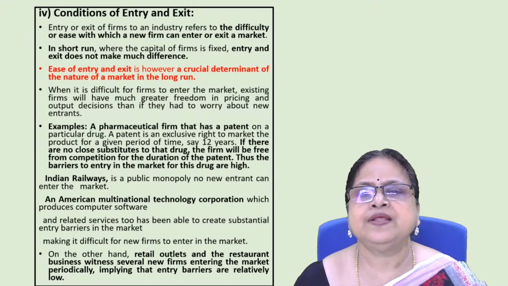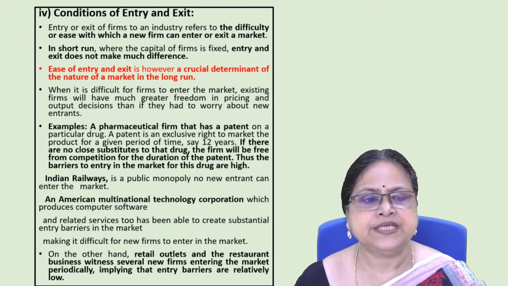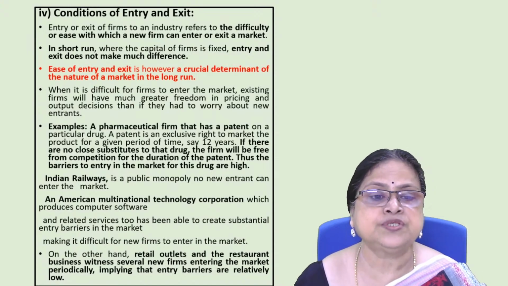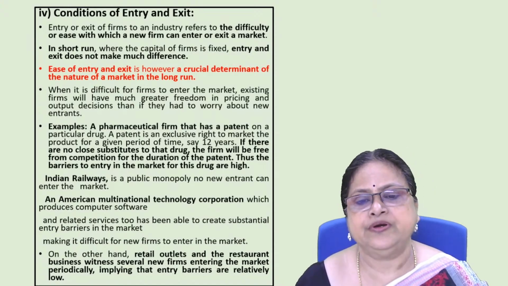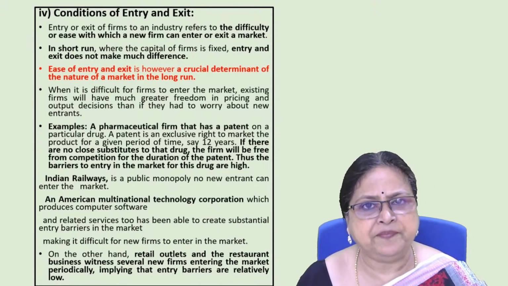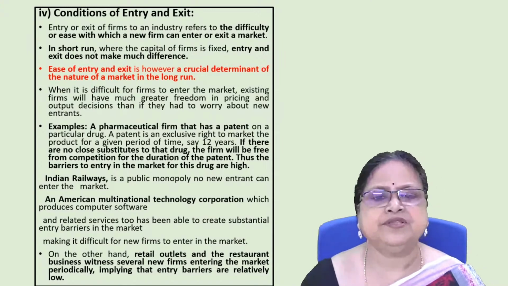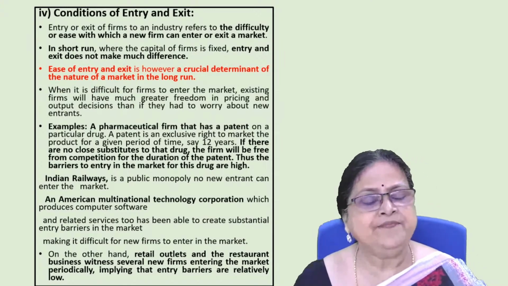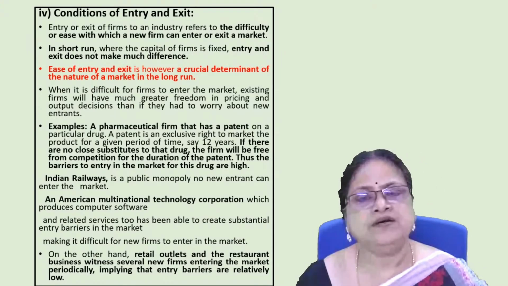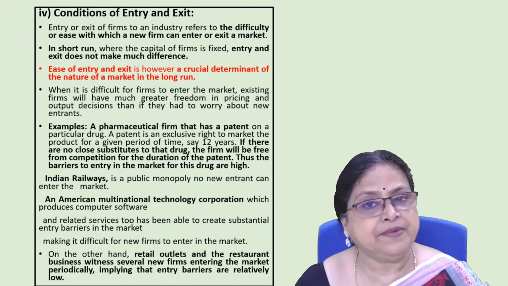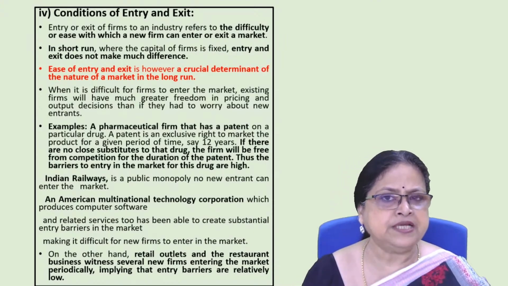In our book example, it is 12 years. If there are no close substitutes to that particular drug, the firm will be free from competition for the duration of that patent, that is for 12 years. Thus, the barriers to entry in the market for these drugs are very high, and the firm can increase the price of the drug if it may think so.